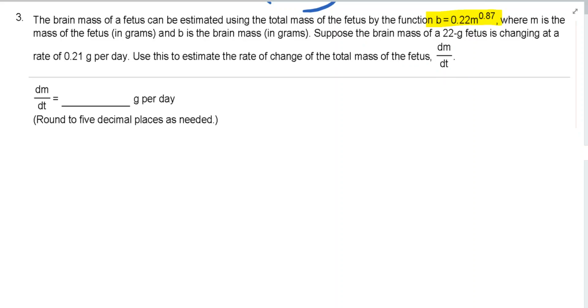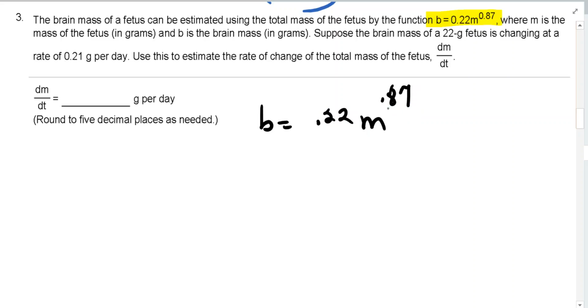All right, so what are we given? We're given this function, okay? We got b equals 0.22 m to the 0.87, all right?